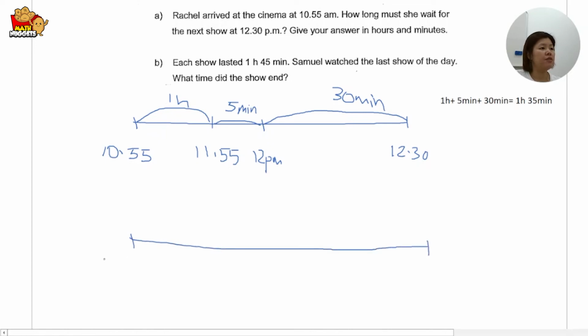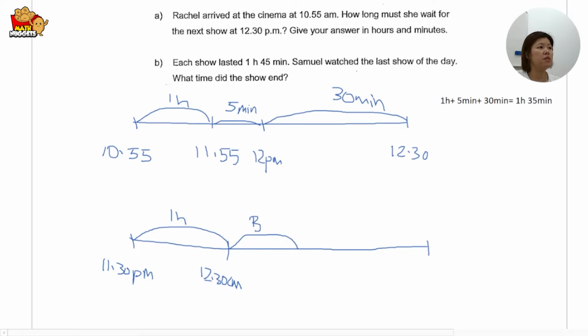Since it's 11:30 p.m. and it lasted for 1 hour 45 minutes, let's move 1 hour first. It will be 12:30 a.m. Okay, I still have 45 minutes more. So let's go to 30 minutes.